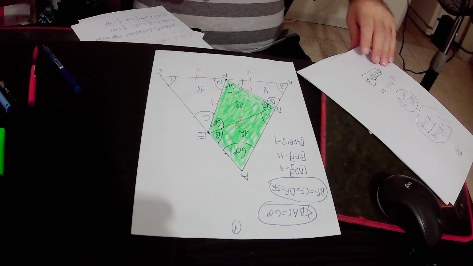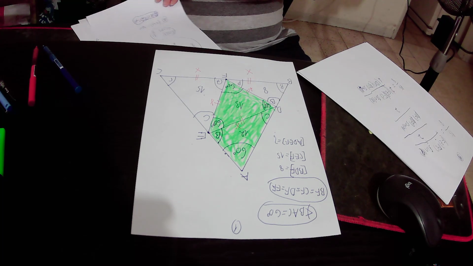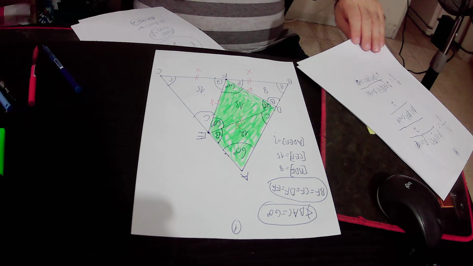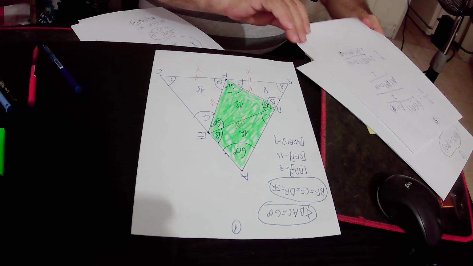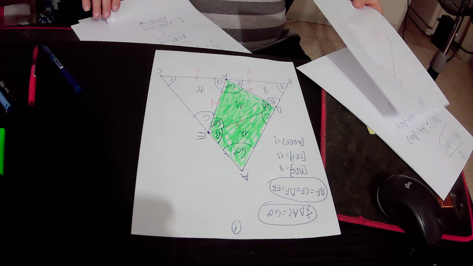And we want to find out the area of the green shape, or the area of quadrilateral ADEF.